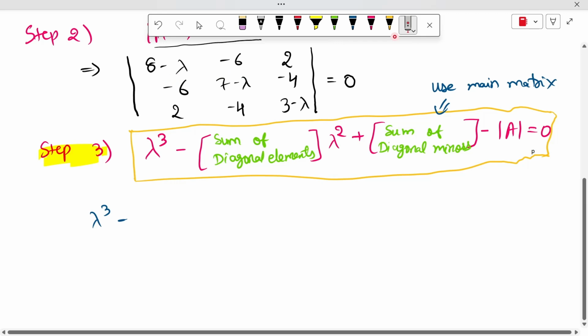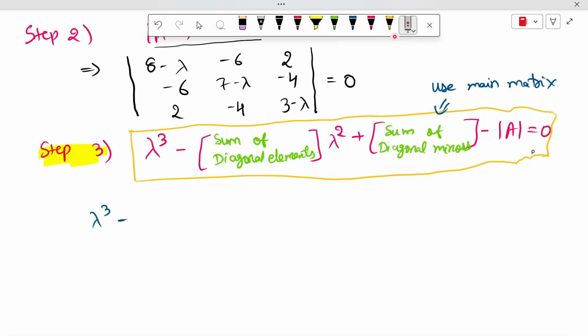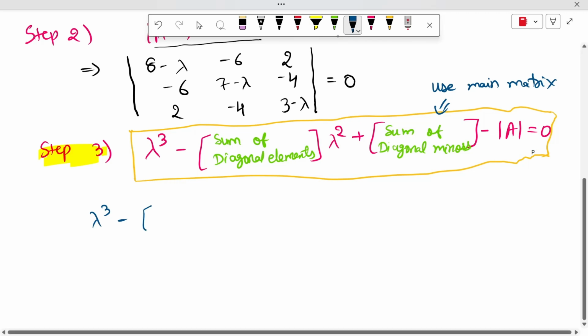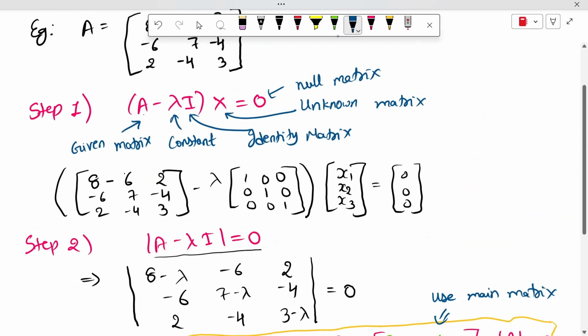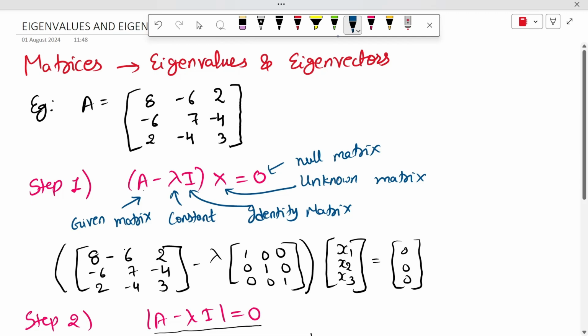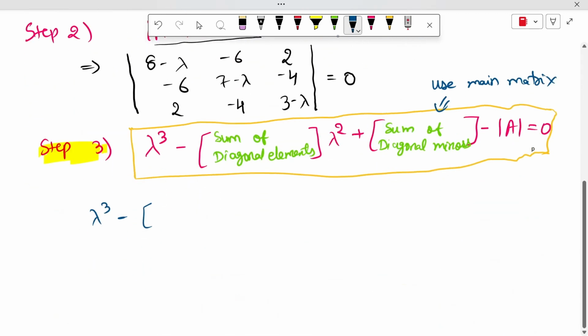But I am telling you the easy method of how you can solve this. So we have to take the sum of diagonal elements. What will be the sum of diagonal elements? It's 8 plus 7 plus 3, into lambda square, plus the sum of diagonal minors.